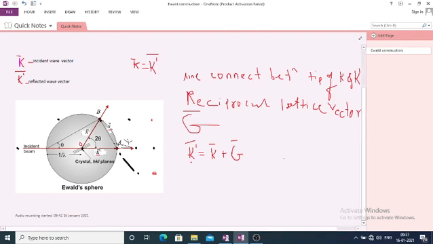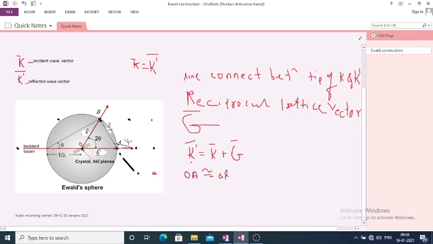Then we will see from this figure that the segment OE must be equal to OB, because it is the radius of the sphere.